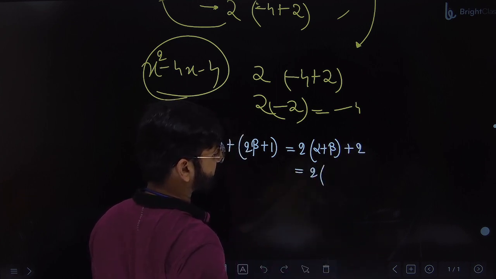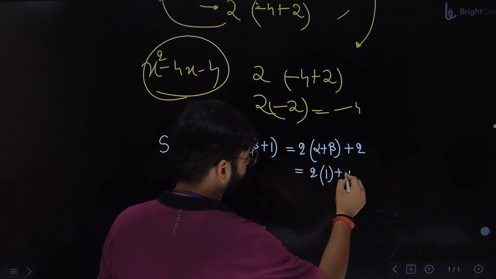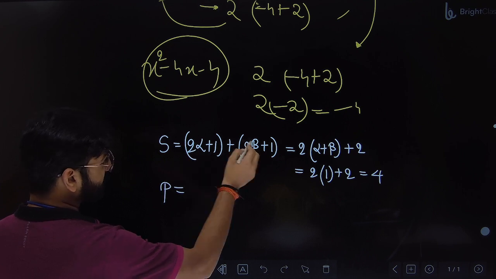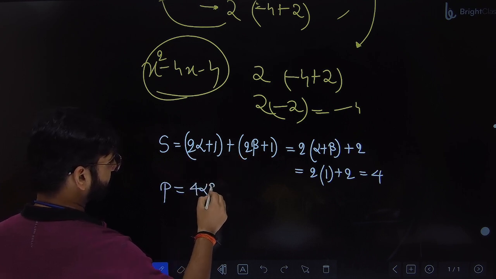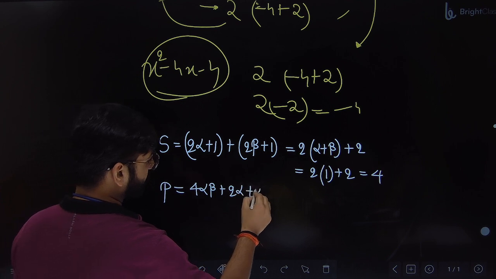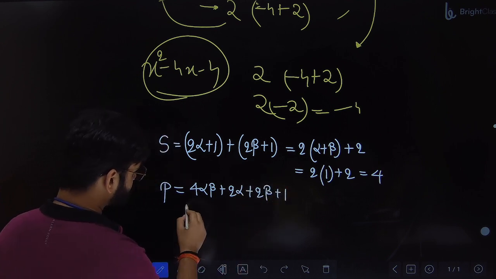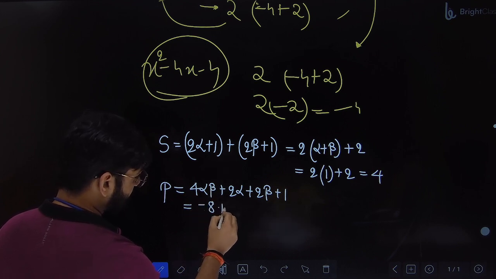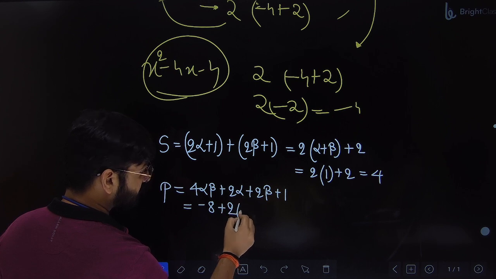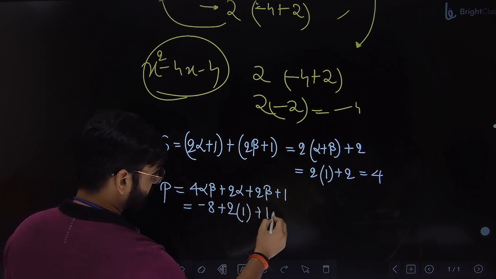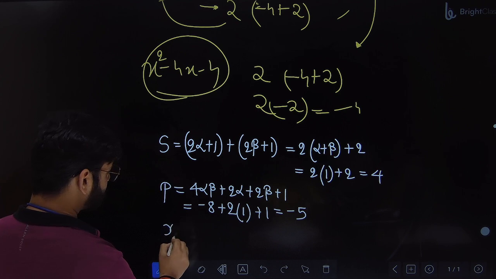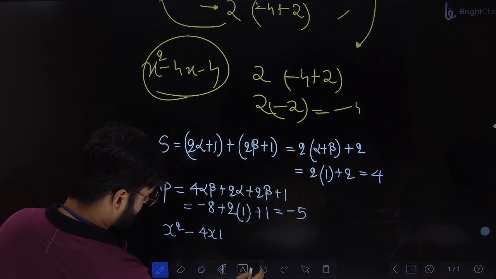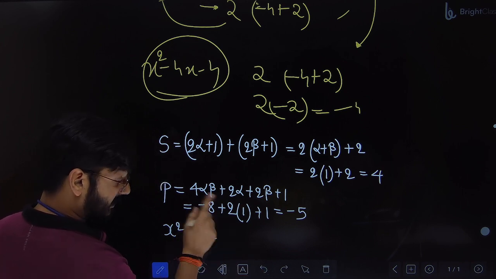Just tell me quickly. 1. So what is the sum of roots? 4. Product. Multiply them. 2 alpha into 2 beta, 4 alpha beta plus 2 alpha plus 2 beta plus 1. So what is alpha beta? Minus 2. So minus 8. You can take 2 common. So alpha plus beta is 1. So minus 5. So x square minus sx plus p.